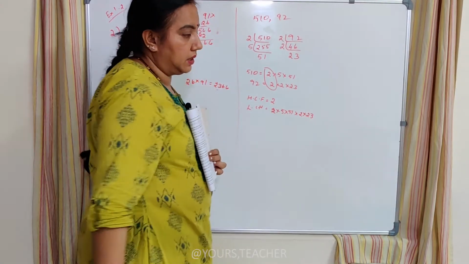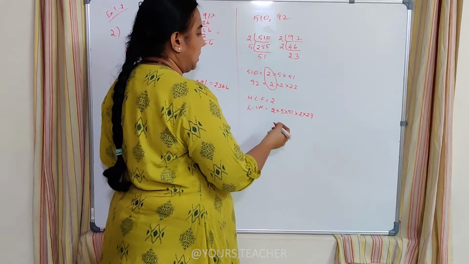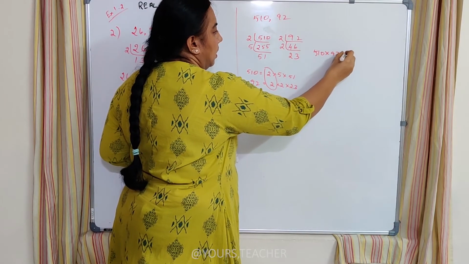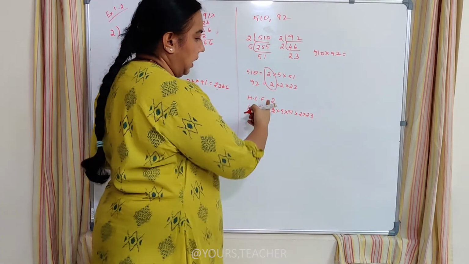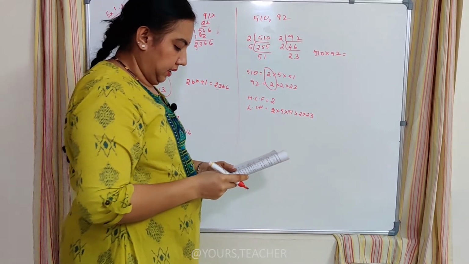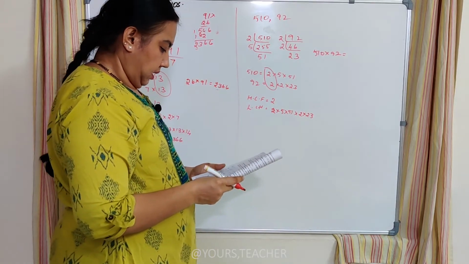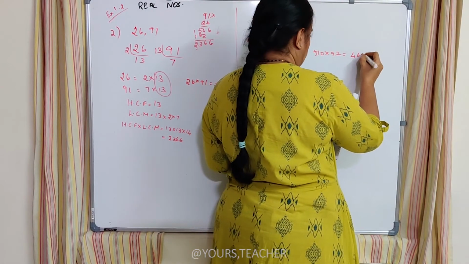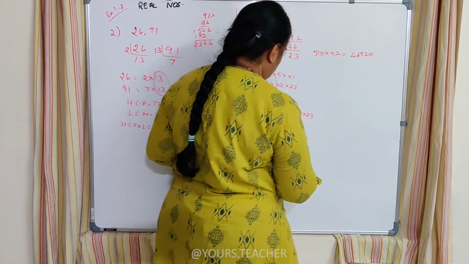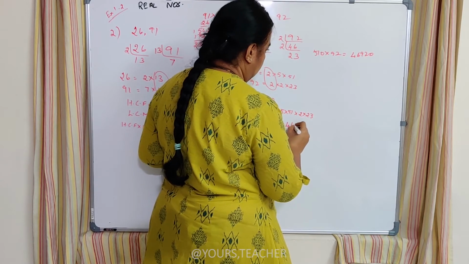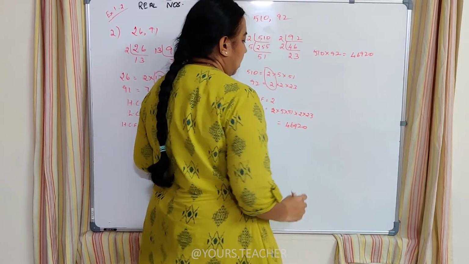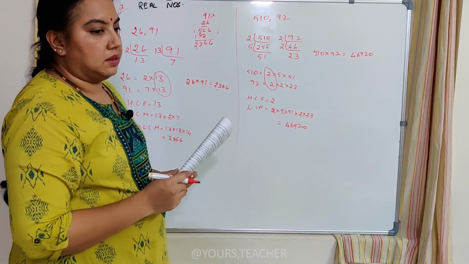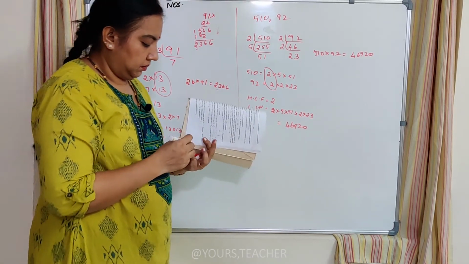This makes the LCM. And we can cross check again. 510 into 92 is equal to, when I multiply this, I get the answer 46920. You can multiply it and cross check it. 46920. Okay, and shall we go to the third sum now?